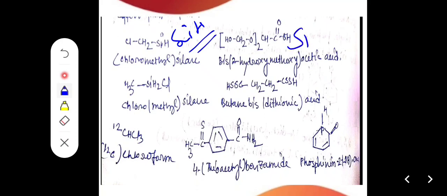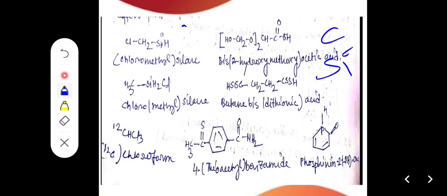Actually silane is the structure SiH4, and here hydrogens are replaced, so we get chloromethylsilane. Carbon and silicon are in the same group, so they have the same valency. So I think this will be SiH3. That is why it is chloromethylsilane.